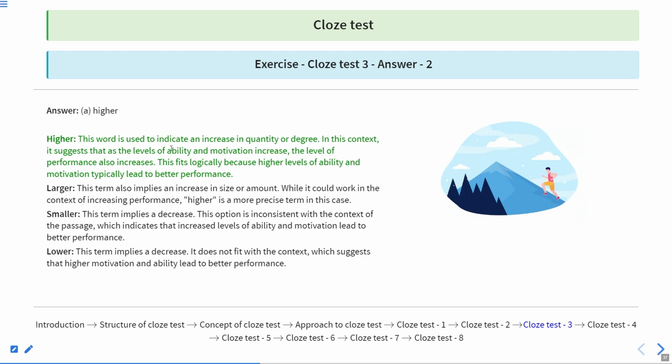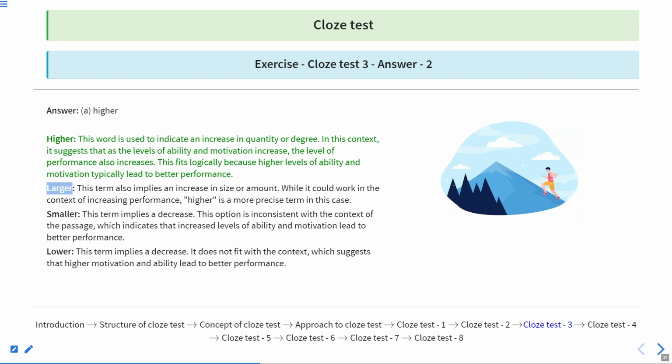Why can't we use larger? We can't use larger because this term, although also implying an increase in size or amount, could actually work if higher wasn't there. So instead of higher, if some other word was there, larger may have been used, but actually between them, higher is a more precise term.